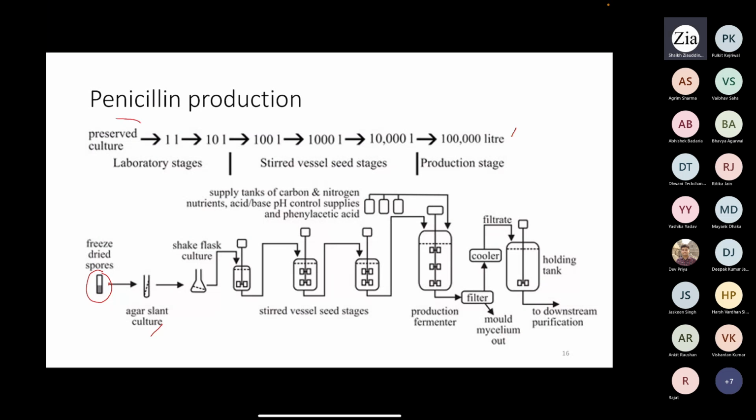So you start with a very small amount and then finally you try to get 1 lakh liter. So the entire process is shown in the production process.